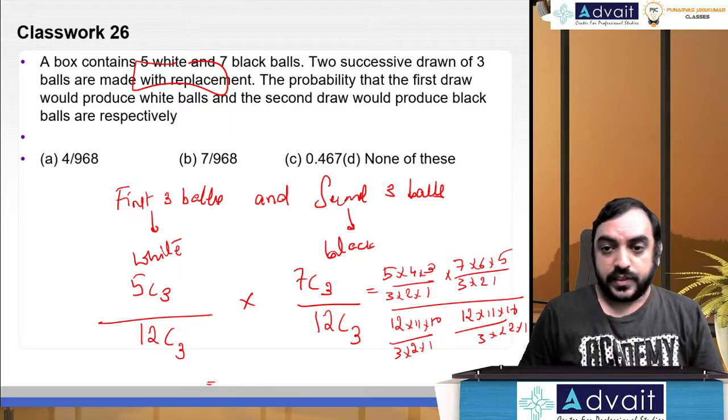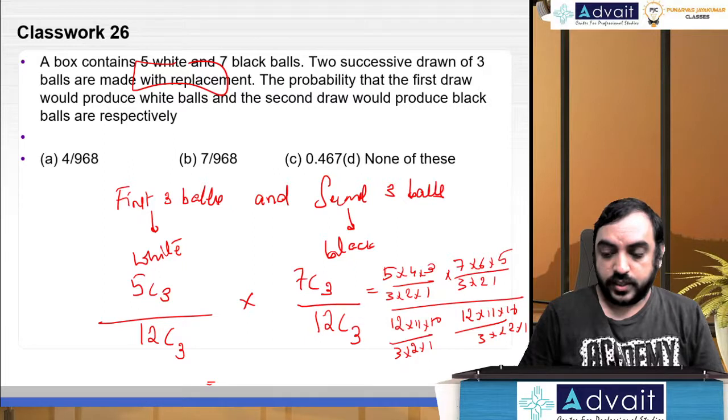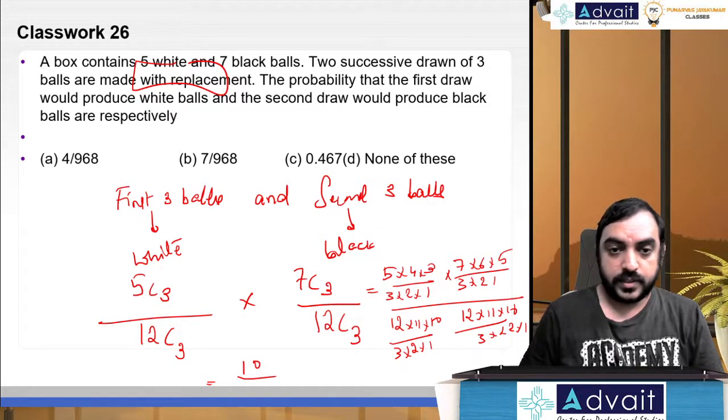So 5C3, 5, 4, 3 by 3 by 2 by 1, that is 10. By 12C3, 12, 11, 10 by 6, 220. 7, 6, 5 by 6, 35, divided by 220. 10 by 220 into 35 by 220.